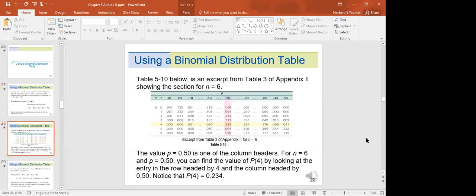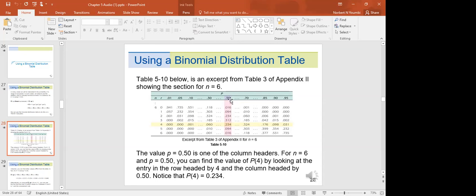So when you are using the table at the back of the book, just for completion, so that you know what you are supposed to do, you have a table with the number of trials on the side here, and within each number of trials, the possible number of successes and the probability of success are aligned on the first row here. So matching the number of successes with the probability of success for that number of trials, you get the probability distribution.